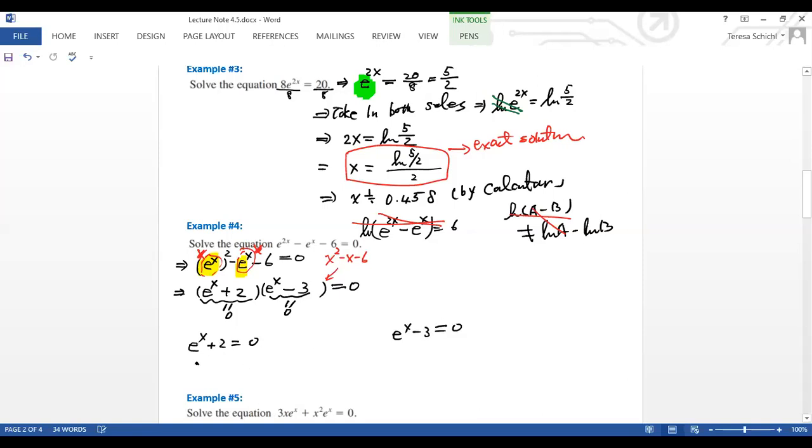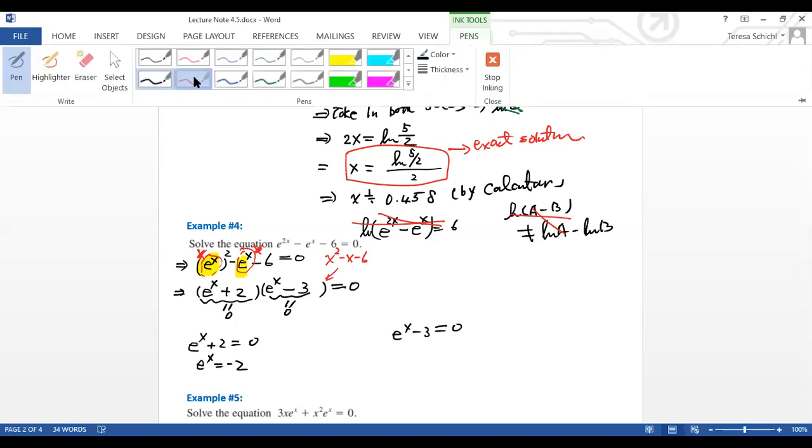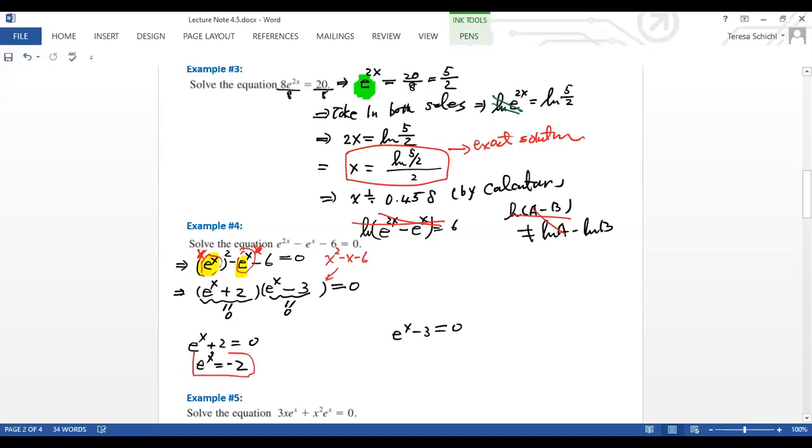I know e^x plus 2 equal to 0 means e^x equal to -2, and this is not true here. Why is it not true? It's because the range of e^x has to be greater than 0. Remember the graph of e^x goes like this. It's always above 0, so it cannot be -2.